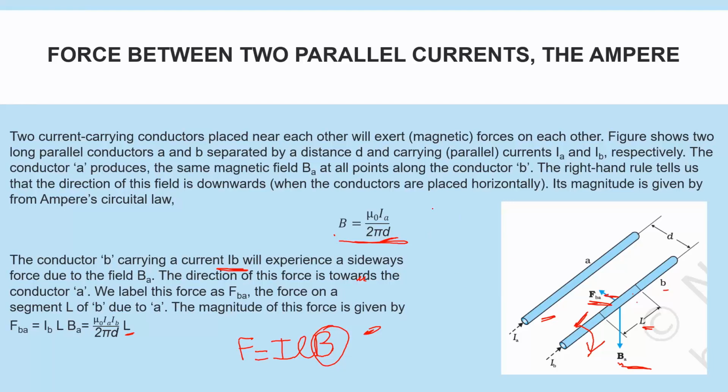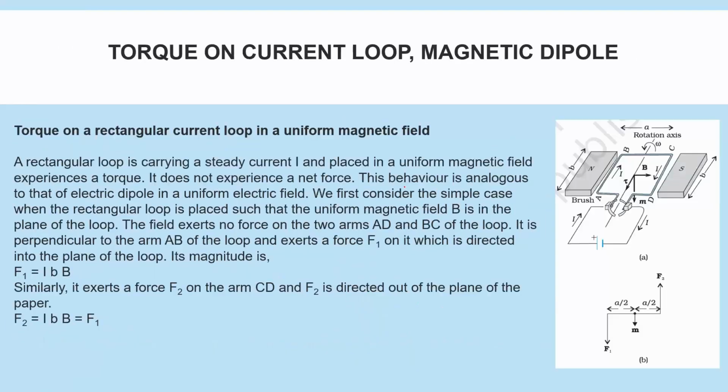As we had seen even in electrostatics, if a force is present, there is going to be a torque acting on it, which rotates the charge over there. So similarly, we are going to understand the torque on a current loop and magnetic dipole.